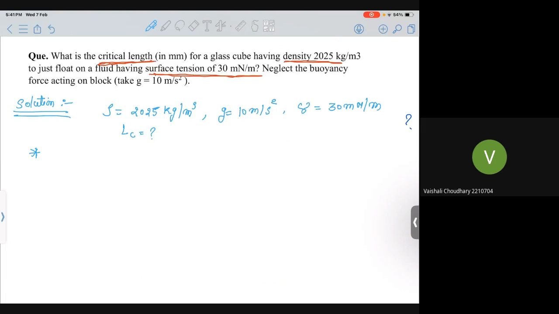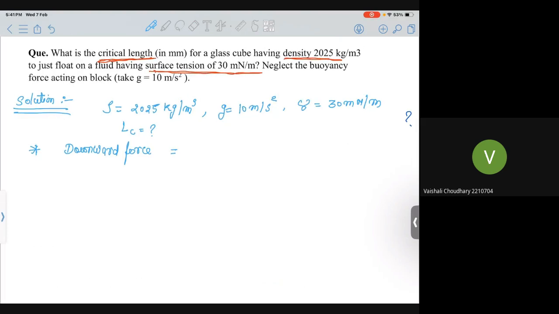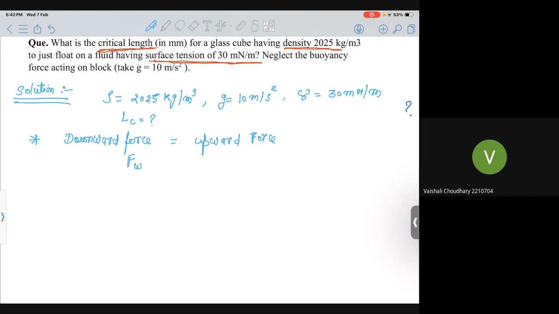in that case, where the downward force acting on the block will be equal to the upward force, or surface tension force. Okay, so we will denote them as FW and FST.